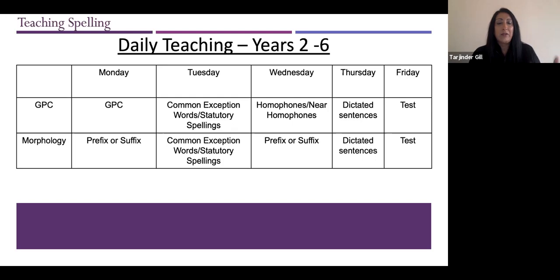So the first week, they'd be taught grapheme phoneme correspondences, some of the statutory spellings, homophones, near homophones, and again the dictated sentences and the test. And then with the prefixes and suffixes, as I'll show later, I wanted them to have a bit more practice, because you want them to develop a bit more understanding of the meaning of these prefixes and suffixes as you teach them, and potentially, like I said, some aspect of the rules as well. There's a slightly different take on this.